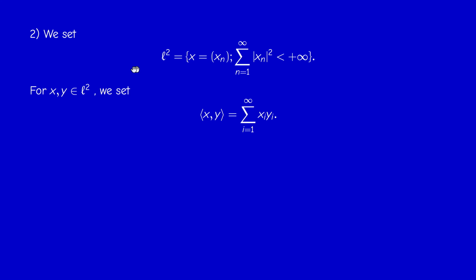On this space we define the natural inner product, which is just the sum of the product of each component by each component. So this generalizes the previous example to infinite sequences. We get an inner product, and when equipped with this inner product, L2 is complete. In principle you proved that in second year.